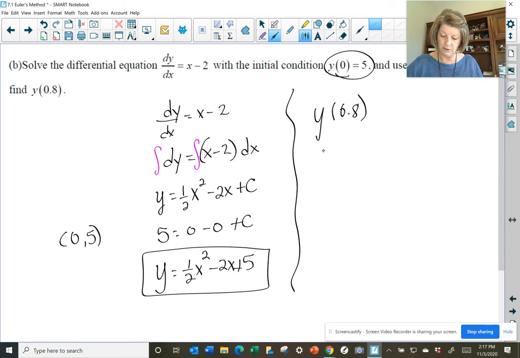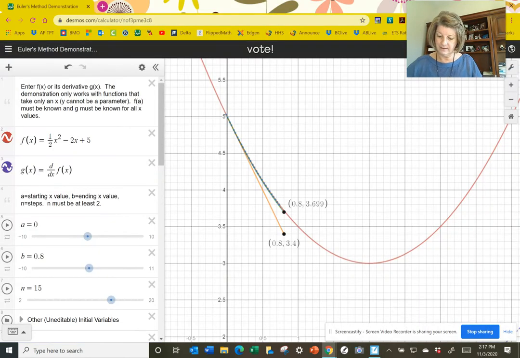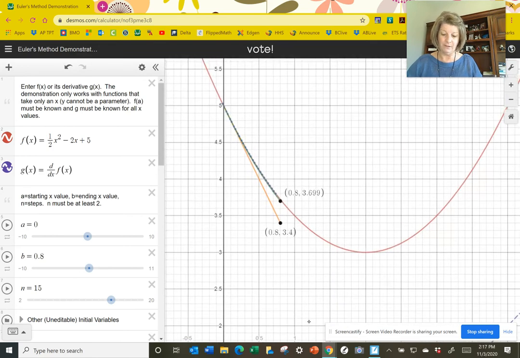To do that, we'll just key it in: 1/2 times 0.8 quantity squared minus 2 times 0.8 plus 5. Throwing that in your calculator, trust me on this one, I get y at 0.8 is 3.72.